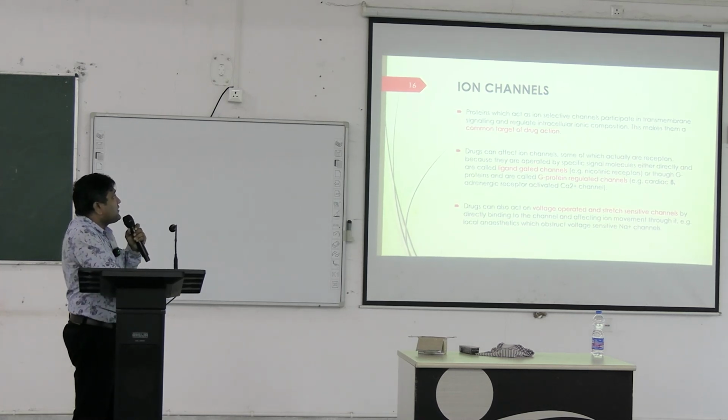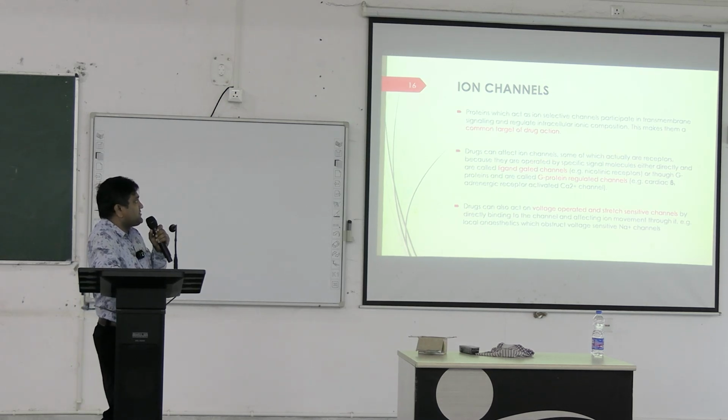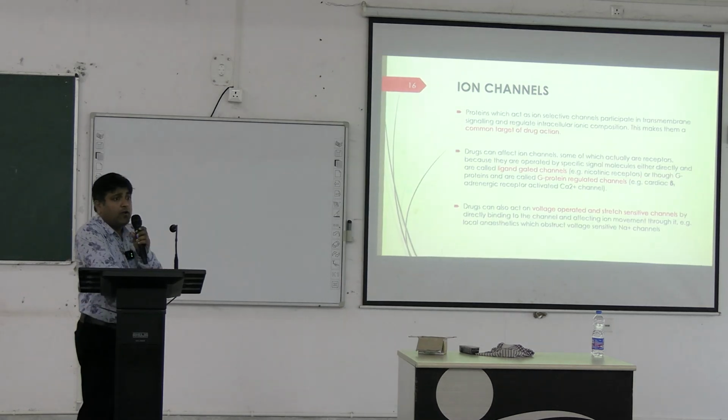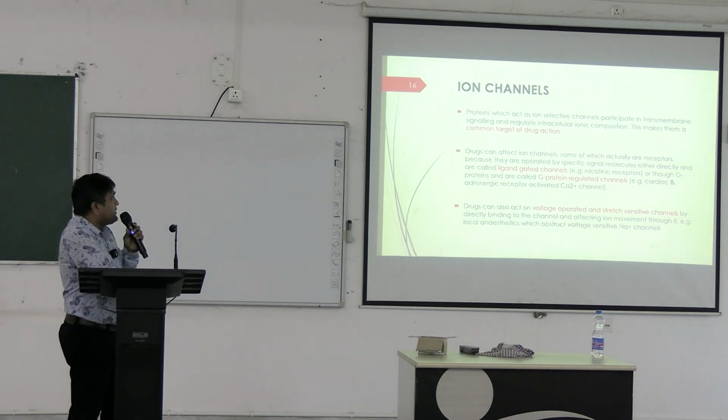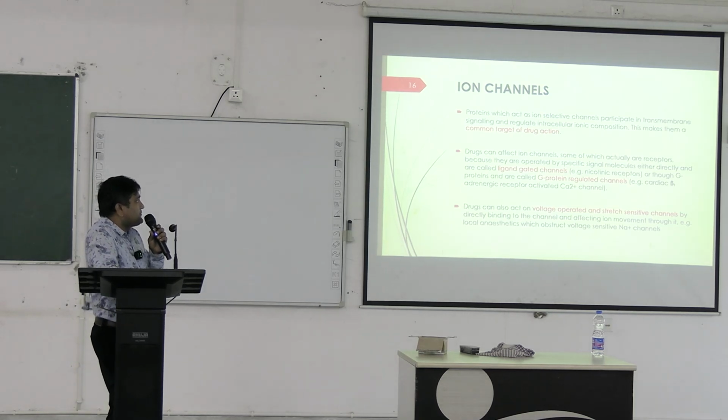Now, drugs can affect ion channels, some of which are actually receptors, because they are operated by specific signal molecules, either directly, called ligand-gated channels, for example nicotinic receptors, or through G proteins, called G protein regulated channels.